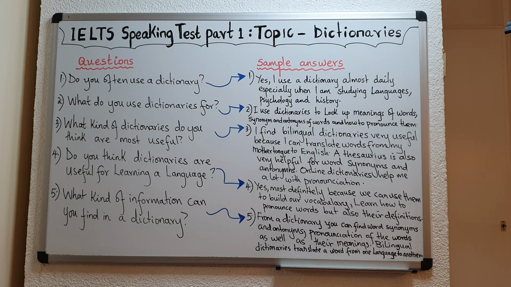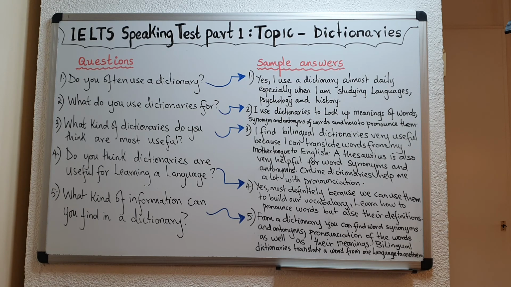Now, you can also answer that question in a different way using the same answer that I have as a sample answer. What kind of information can you find in a dictionary? In a dictionary, you can find words that have the same meaning, but also words that have opposite meanings.